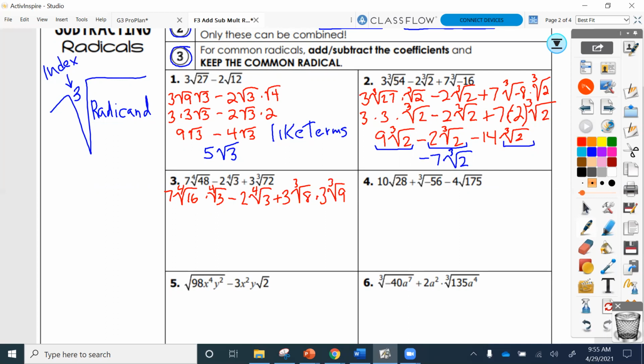Okay, let's see what we have. 4th root of 16 is 2. Can't do anything with this or this. Whoops, that should have been 4th root.